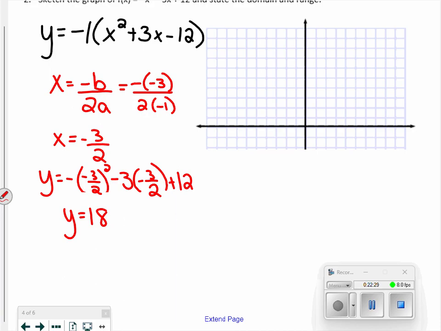Okay, so we have that point. We'll have to do a scale of 2 on our y. I'm going to do a scale of 1 on the x. So negative 1.5. 2, 4, 6, 8, 10, 12, 14, 16, 18. And then we know we have a y-intercept of positive 12.